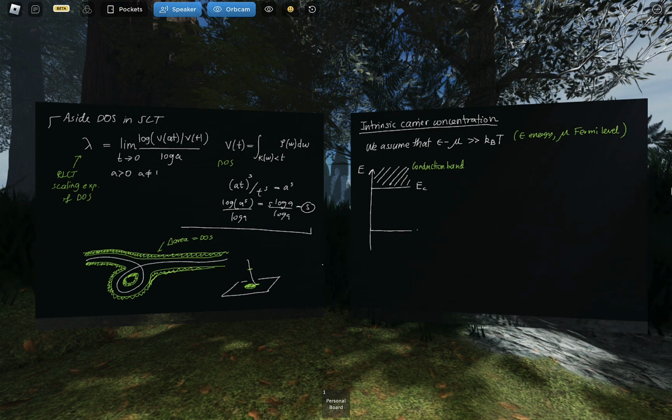There's the valence band that reaches up to energy EV, and then the Fermi level is in here somewhere. Okay, and the energy gap is just the difference.